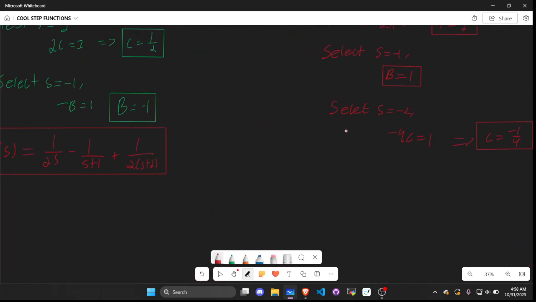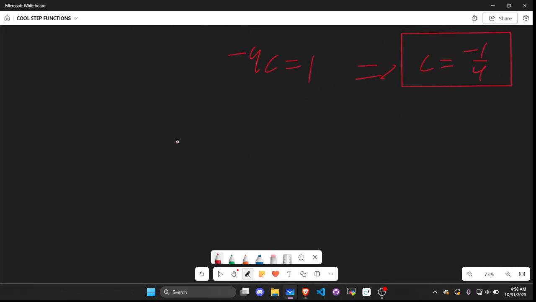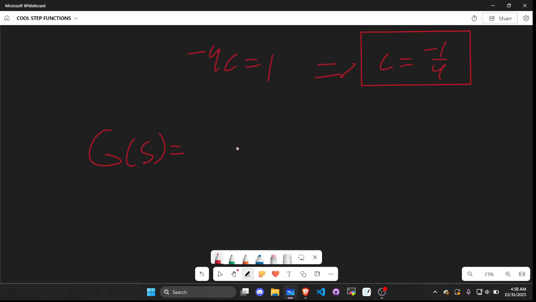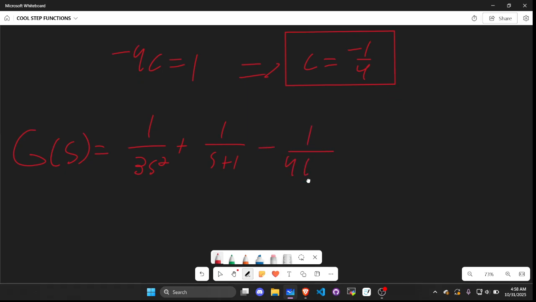So we're going to go ahead and rewrite g of s now with our new values, just for completeness sake. So g of s is equal to 1 over 2s squared plus 1 over s plus 1 minus 1 over 4 times s plus 2.